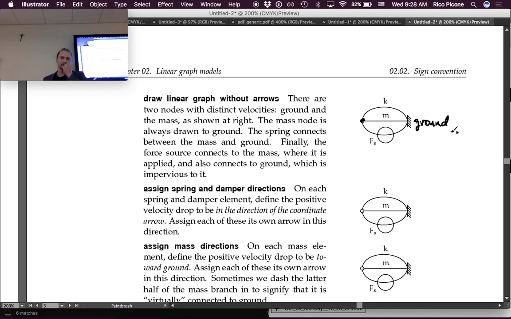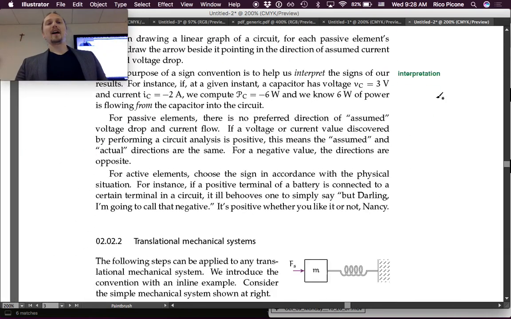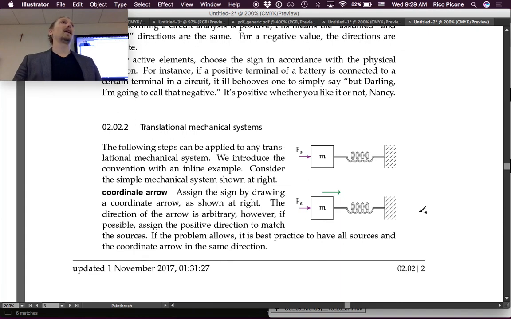Now, the mass node is always drawn to ground. That's because we need an inertial reference frame for the mass, right? So the mass is always drawn to ground. In fact, sometimes we draw it with a dashed line to say it's virtually connected to ground, because of course the mass isn't directly connected to the ground.